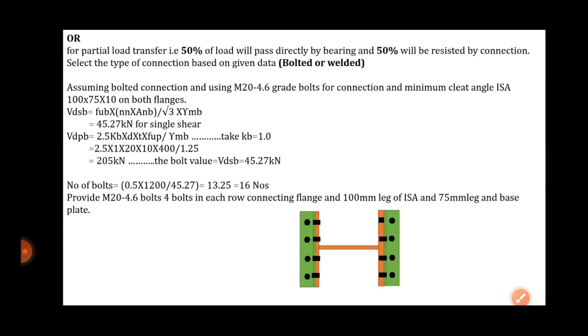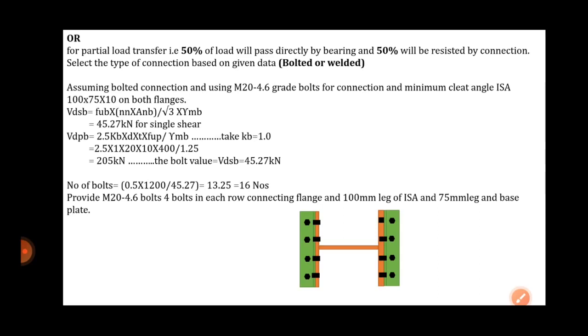Thereafter, we need to calculate the VDPB, which is equal to 2.5 kb into d into t into fu divided by gamma mb. Now, as it is the second part of the numerical, we have to design the connection. So we may assume kb as 1.